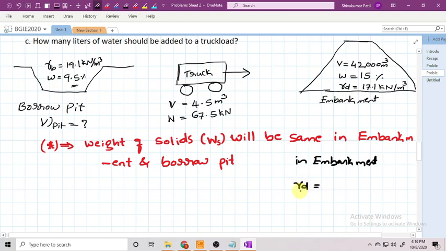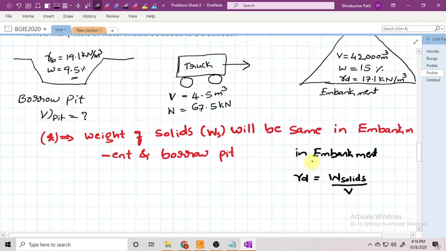Sorry, dry unit weight I should call it, not density, because of gamma. Dry unit weight equals weight of solids divided by total volume. The dry unit weight is 17.1 kilonewton per meter cube, into volume.